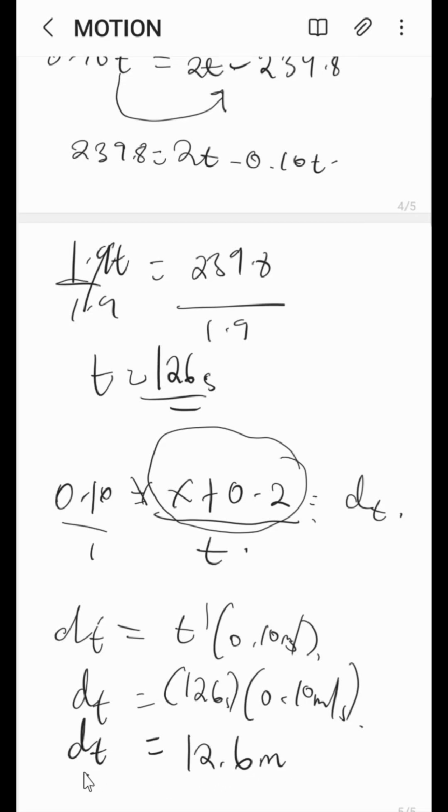So this is going to be the distance for the whole trip, because like we said, this on top is supposed to signal the distance for the tortoise, right? The x was the distance the hare reached, but we are not entirely concerned with the distance the hare reached. We're only concerned about the distance the whole trip took, and that is the distance that the tortoise took, which is 12.6 meters.